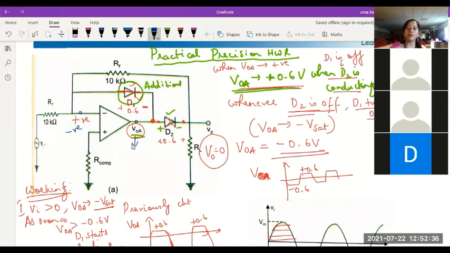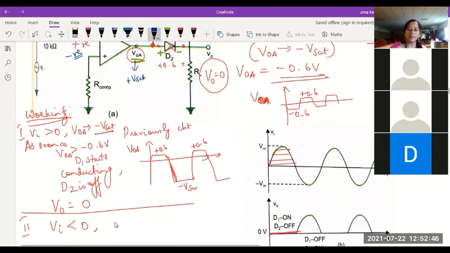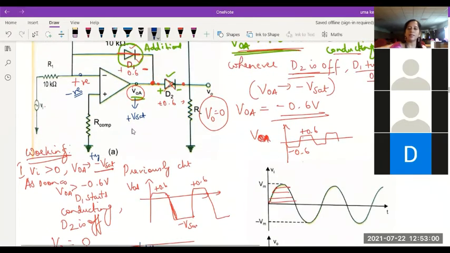Since the input is given to the inverting terminal, the output voltage tends towards plus Vsat for negative input voltage. So what happens then? VOA will try to move. Remember, this is only try to move towards plus Vsat. Here also, it just tries towards minus Vsat, but it will stop at minus 0.6. Here, as soon as this becomes more positive than plus 0.6 volts, which is the cut-in voltage of this diode, D2 will start conducting now.